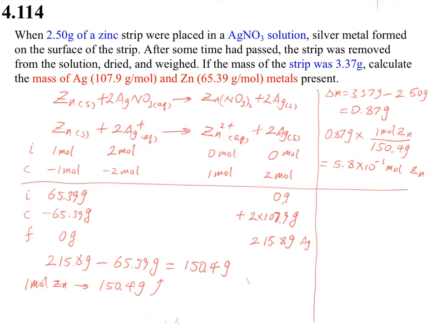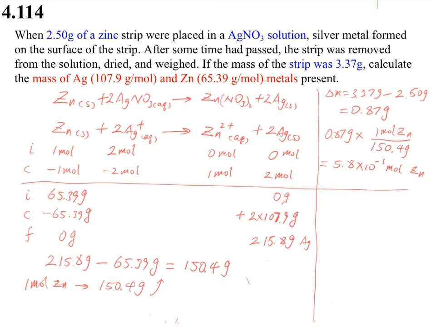So for every mole of zinc, we have 2 mole of silver produced. Again, for every mole of zinc that reacted, we have 2 mole of silver produced. With so many moles of zinc reacted, what's the mass of silver produced?